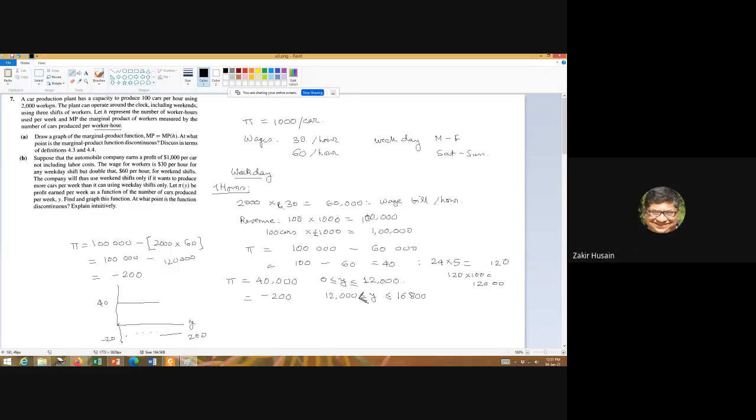There are 3 shifts, so actually it has got 6,000 workers. But you're paying them by the hour. So 2000 workers can be employed in a particular hour. 2000 into 30. This is your hour.